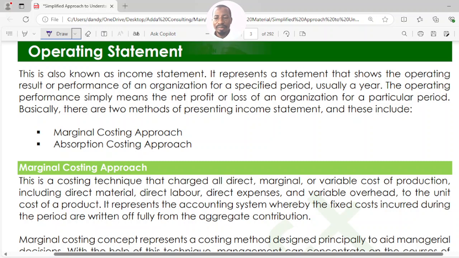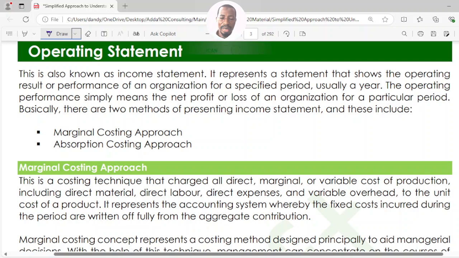All right. So, of course, there are basically two methods of presenting income statements: one, the marginal costing method, and two, the absorption costing method. Let's pick each of them and explain the concept. So we start with the marginal costing approach.